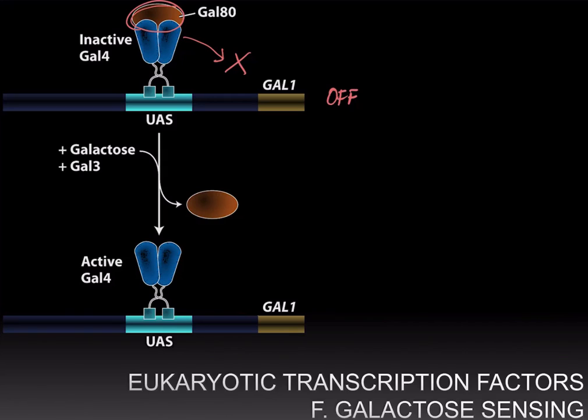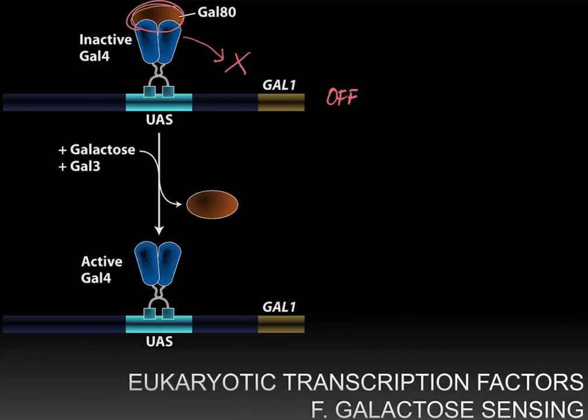So even though the GAL4 protein is bound at the UAS or upstream activating sequences, it is unable to recruit polymerase because GAL80 is bound to the activation domain and interferes with GAL4's ability to recruit RNA polymerase.